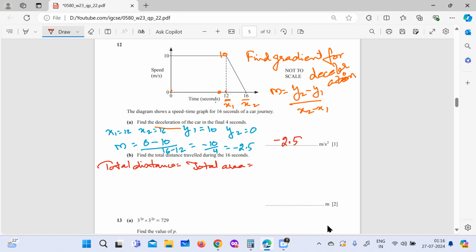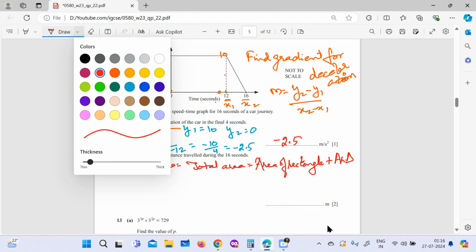How do we find the area? We have to find the area of the rectangle and the area of the triangle. So you will find area of rectangle plus area of triangle.